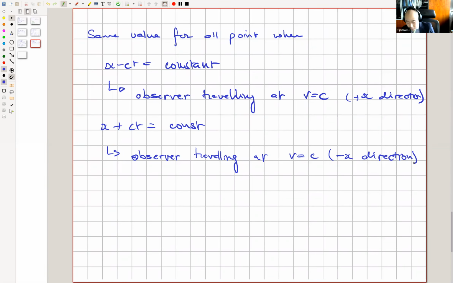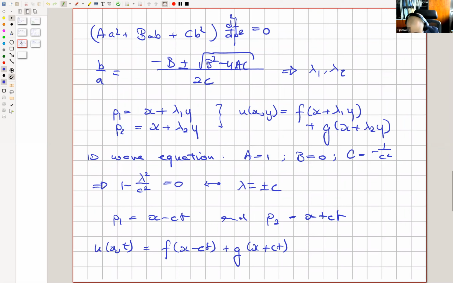Well, we're looking for solutions where they see the same thing. In this case, f. If the argument of f is a constant, then I see the same value for f. And so if I want to see the same value for f, what it means is that if I travel along with the wave, I see the same thing. So it'd be essentially the same as traveling alongside the wave.